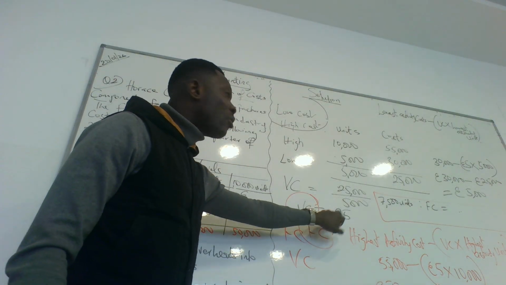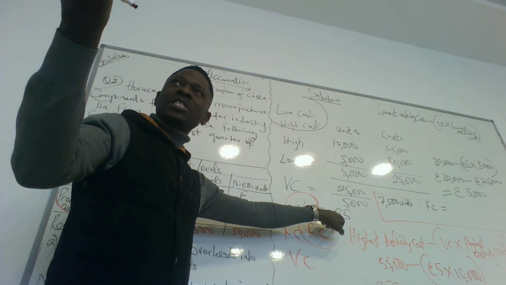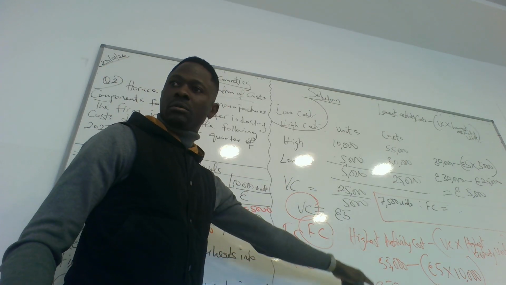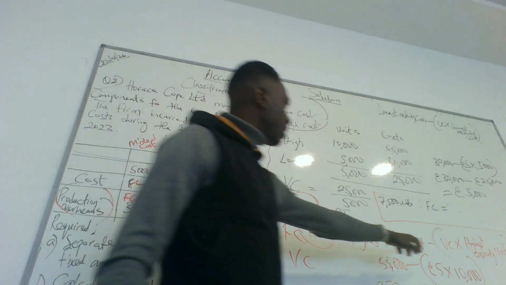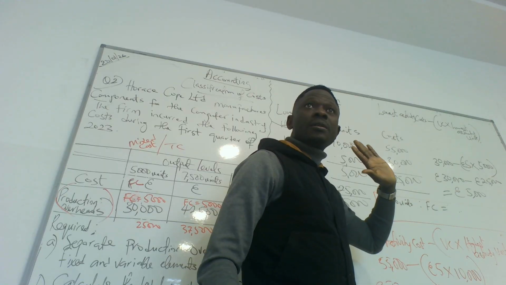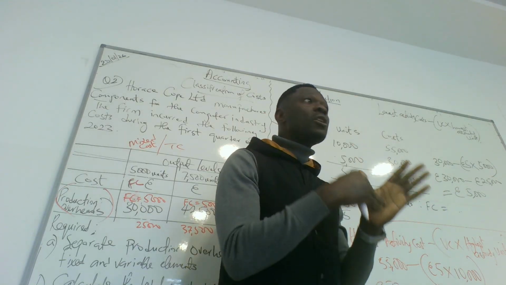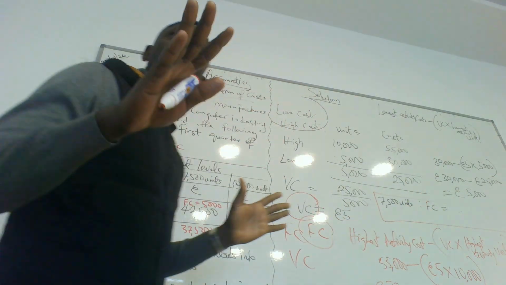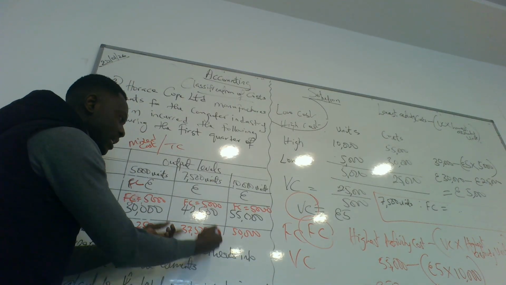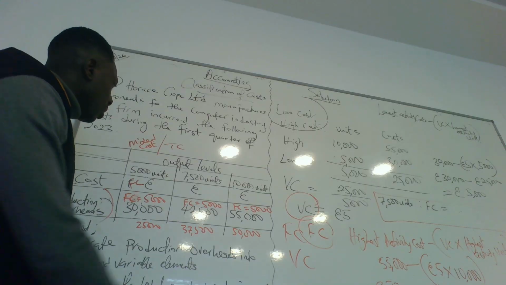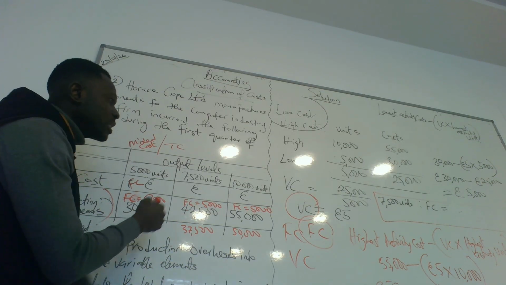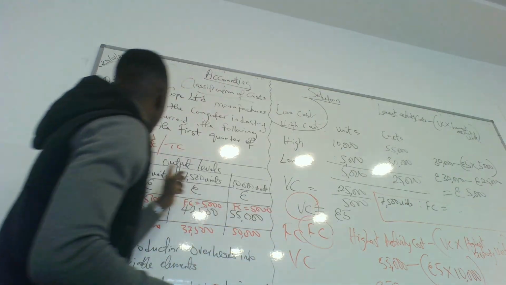Your variable cost, you now use it with highest activity cost and lowest activity cost. 5,000 for fixed cost, and the lowest activity cost is 5,000 for fixed cost. Now that you have your fixed cost, it does not change as output changes, yes or no? So you just put your FC here. Whatever you get is your unit. So 30,000 minus 5,000 is 25,000. 25,000 multiplied by 5 gives you this.